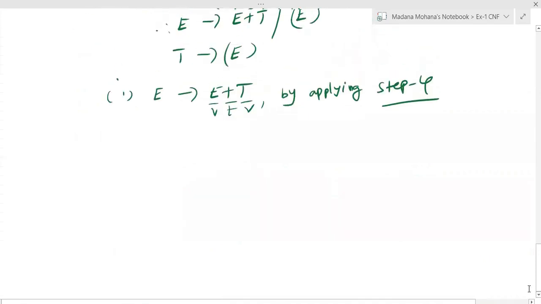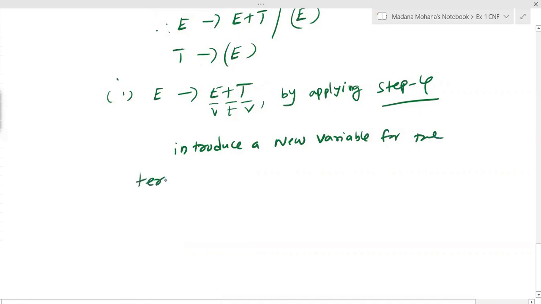By applying step 4, for the terminal plus we have to introduce a new variable, say D suffix T, which belongs to V.